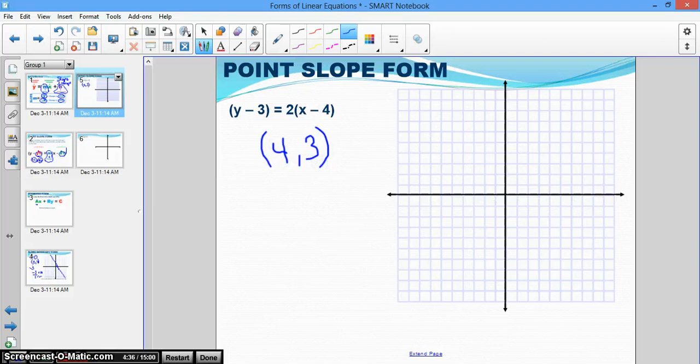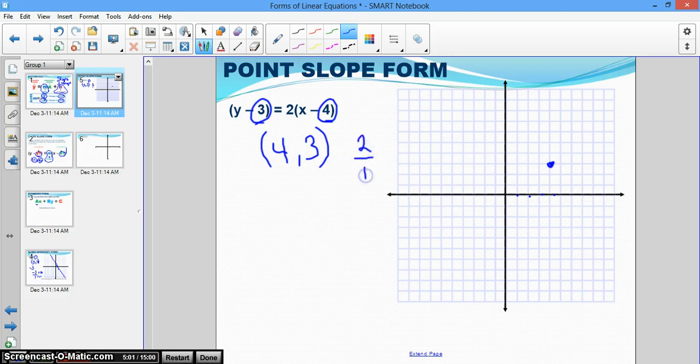So let's graph that point from the 4, 3. And let's go to 1, 2, 3, 4, and up 1, 2, 3, and make a point. Now we've also got a slope of 2, so we could go rise of 2 over 1.